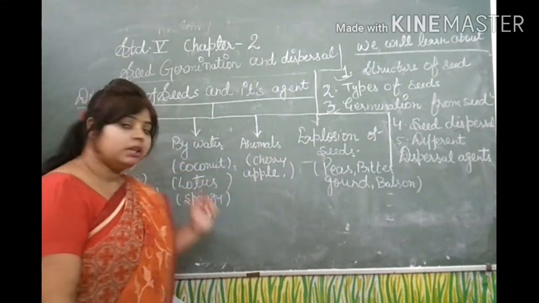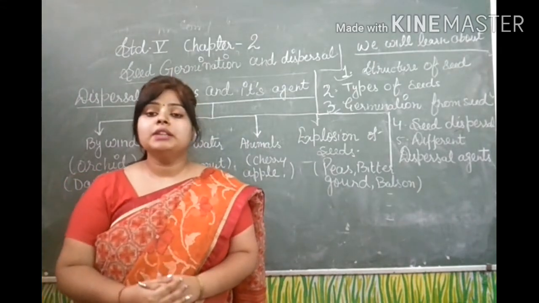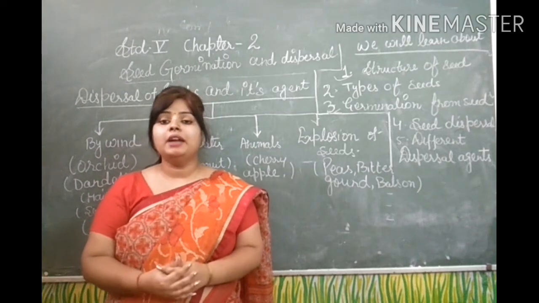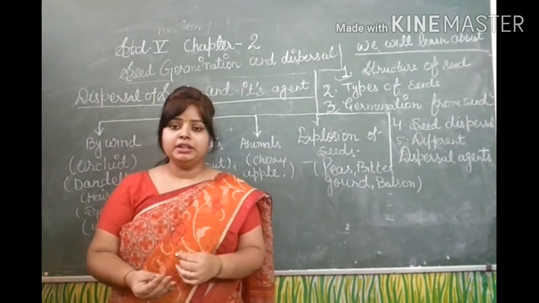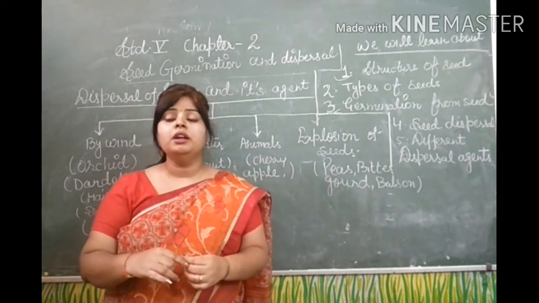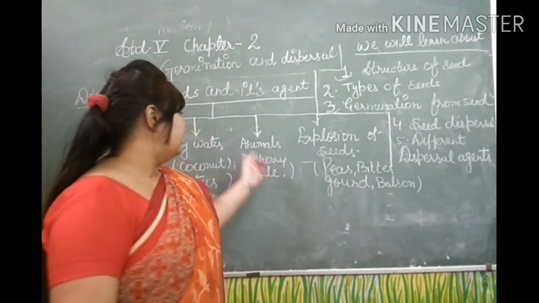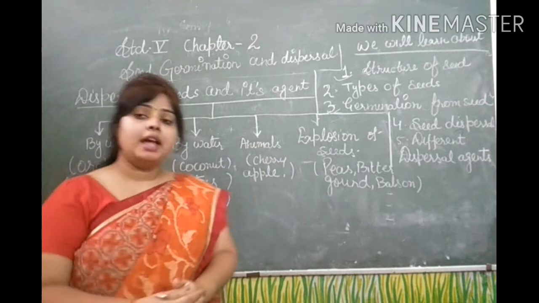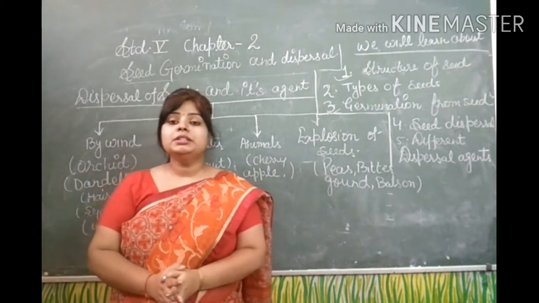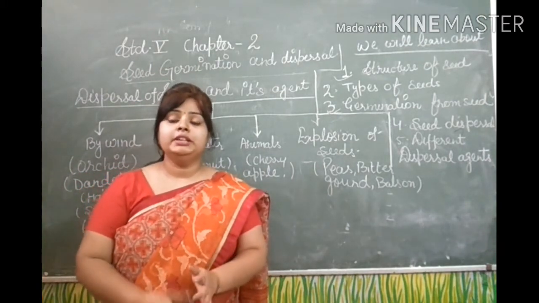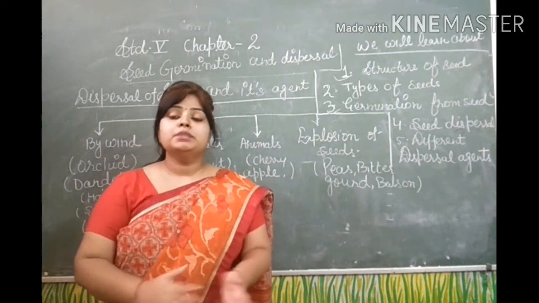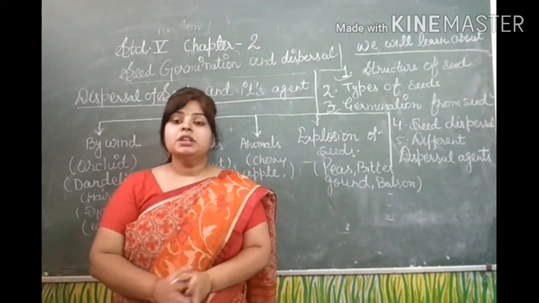Next is the lotus plant. Lotus seeds are very spongy and lightweight. That's why they float on the surface of water and give rise to new plants. The next topic is animals. Animals are a very important agent for dispersing seeds.